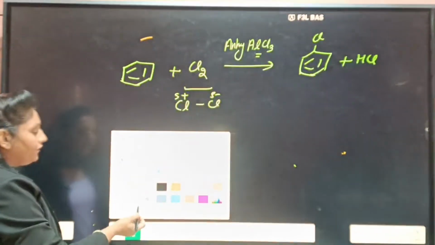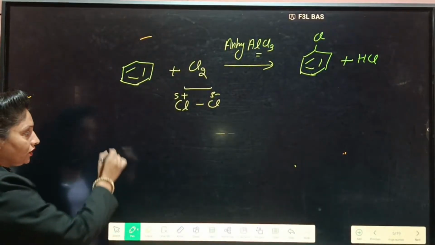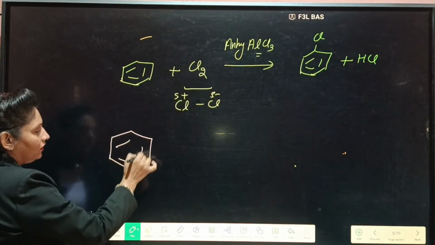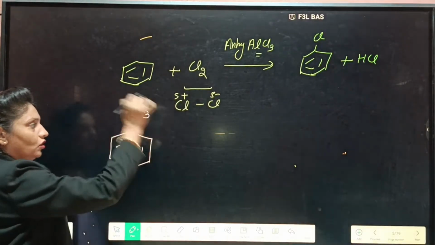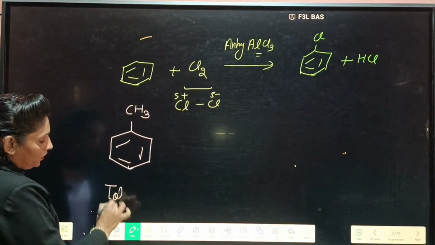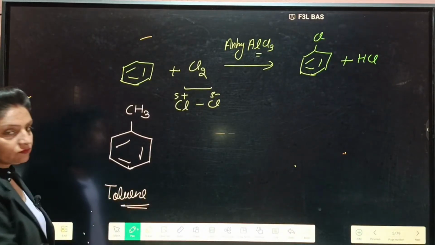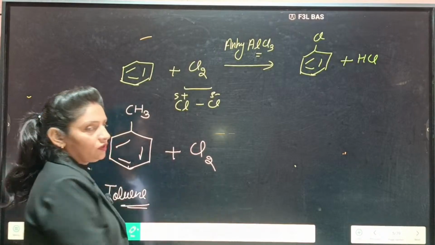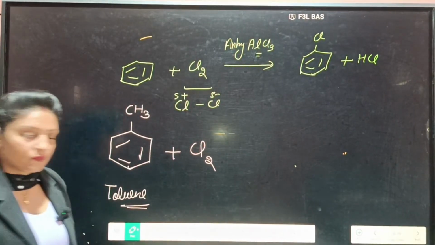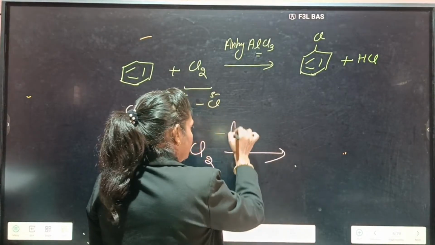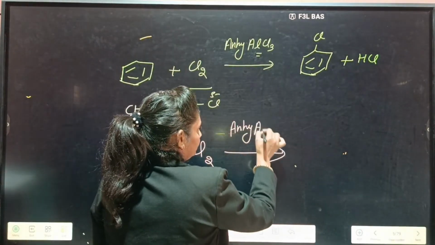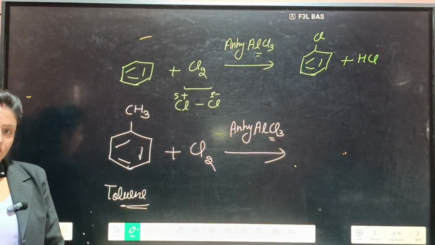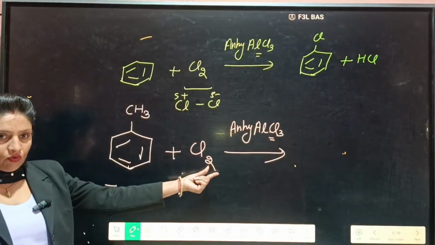But students, if you have a substituted carbon, like this, if you have benzene, toluene, chlorobenzene, and then you want to do this reaction, you want to do chlorination, electrophilic substitution, in the presence of anhydrous AlCl3, then this chlorine, where will you attach?